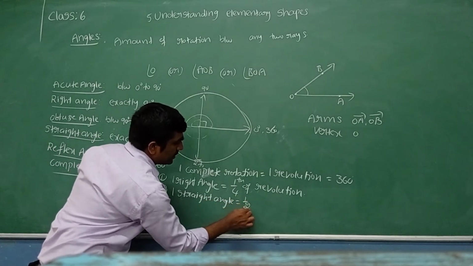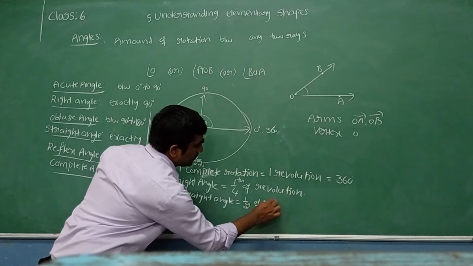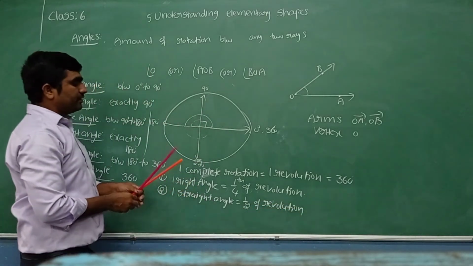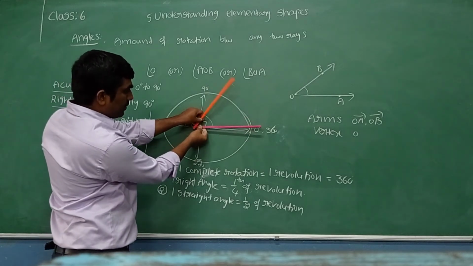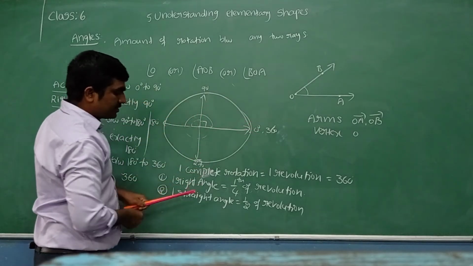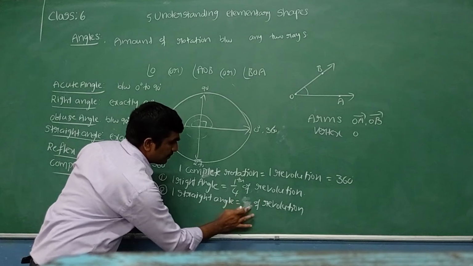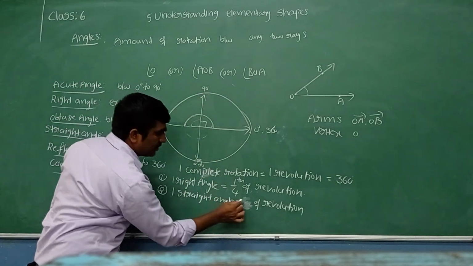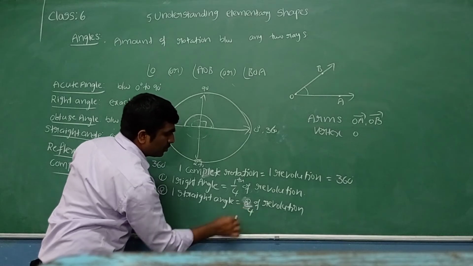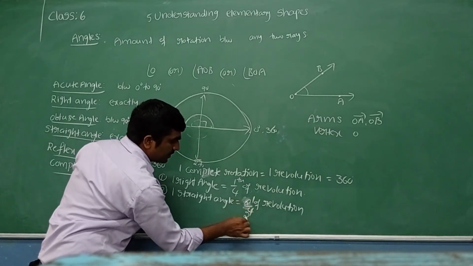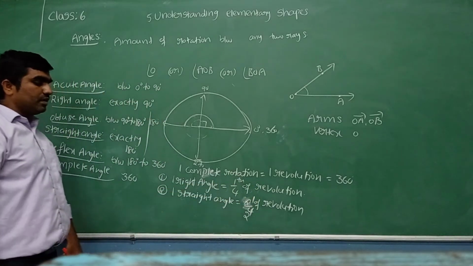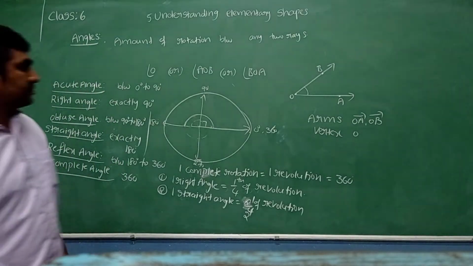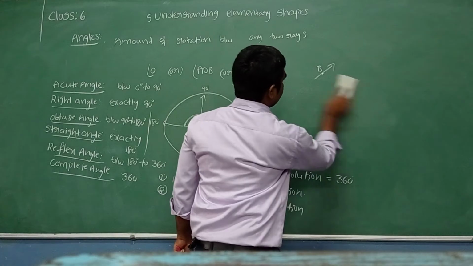It is called half of a revolution. Here we completed half, or you can say we completed 180, meaning we covered 2 parts out of 4 parts. We can write 2/4 also, which is half of a revolution. And next we can see over here.